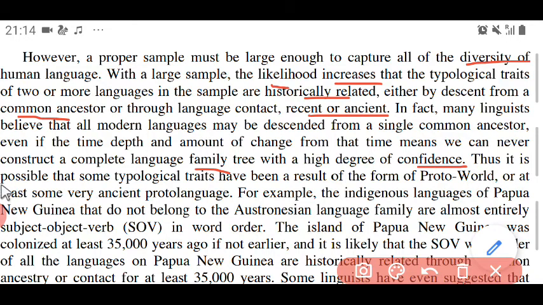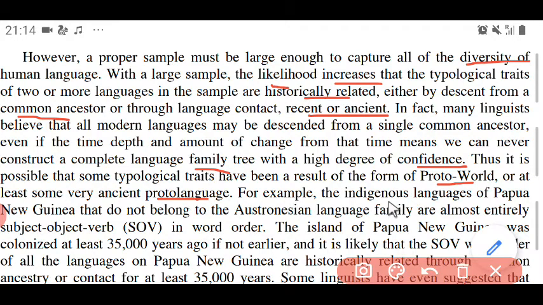Thus, it is possible that some typological traits have been a result of the form of proto world, or at least some very ancient proto language.